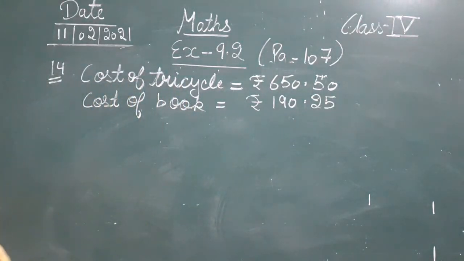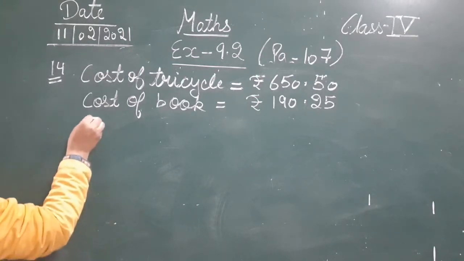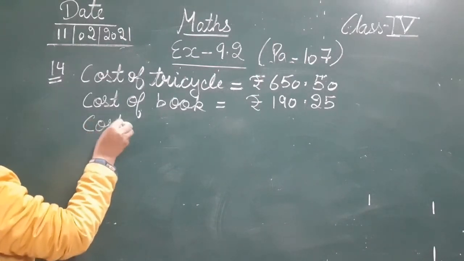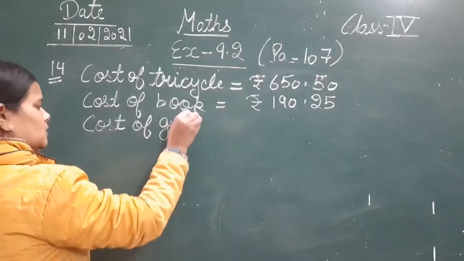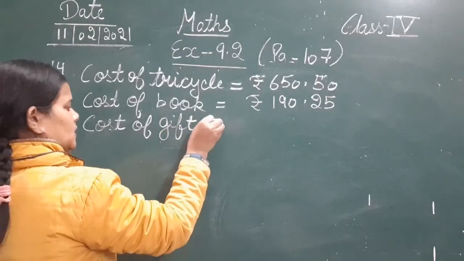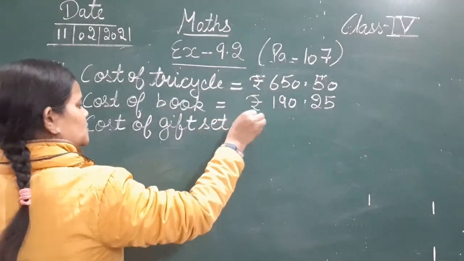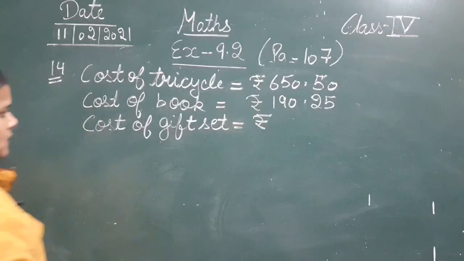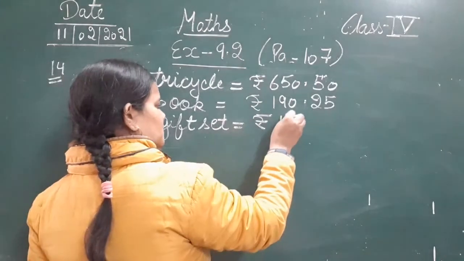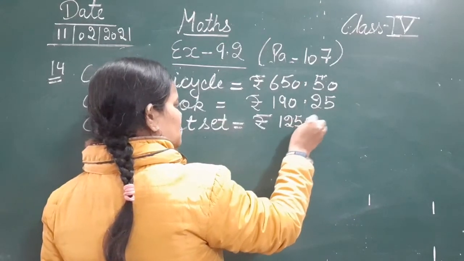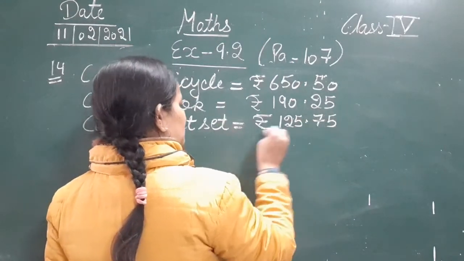The third item she bought is a gift set. The cost of the gift set is 125 rupees and 75 paise.